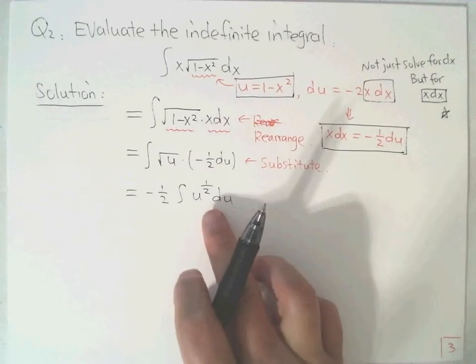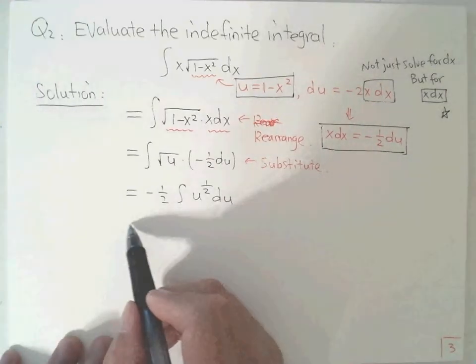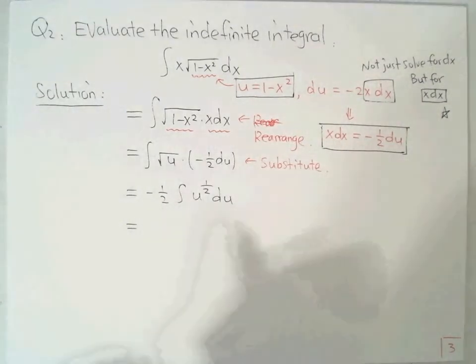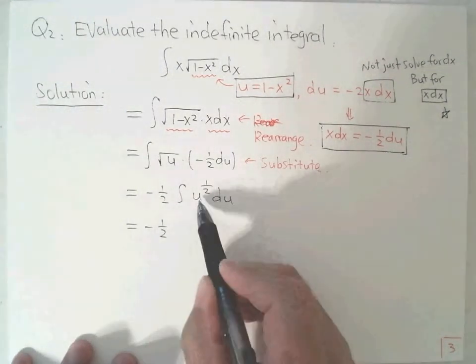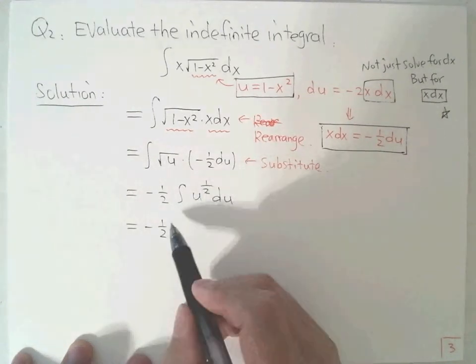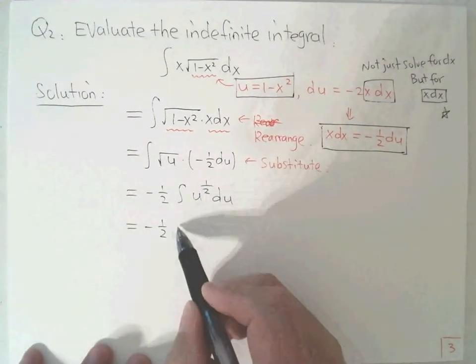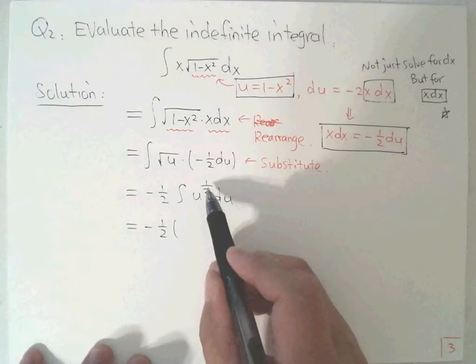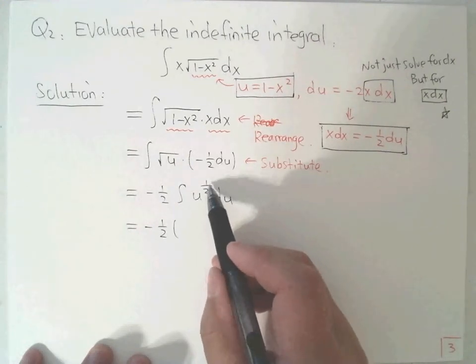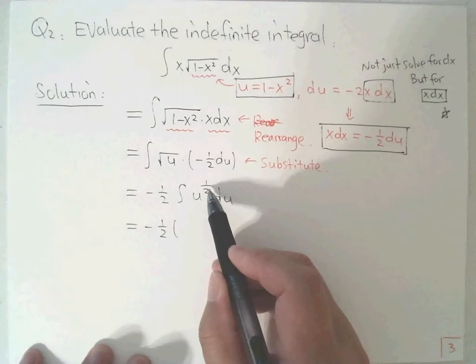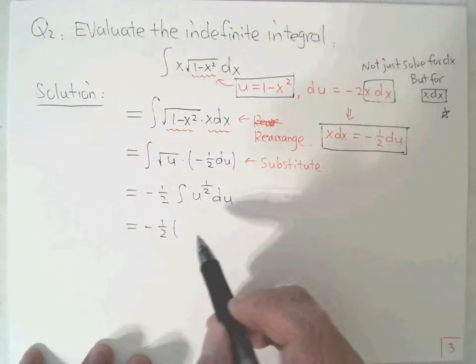Look at this function. This integral function is still a power function, right? Still power. What is the antiderivative of this? I'm going to put it here. The power is 1/2 plus 1, which goes to 3/2, right?